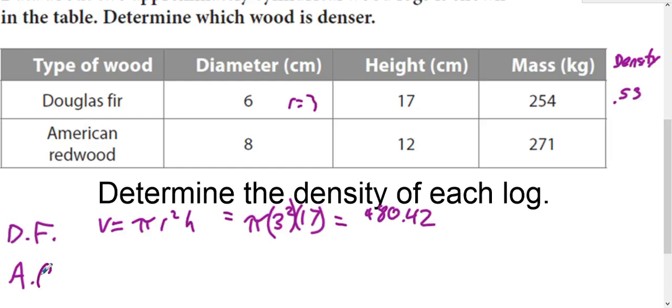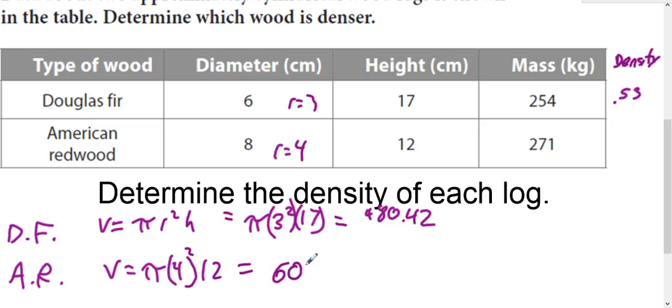And for the American redwood, we need the volume of that. It's a cylinder, so same formula. The radius is 4. Height 12. So the volume is 602.88. Density is mass divided by volume.